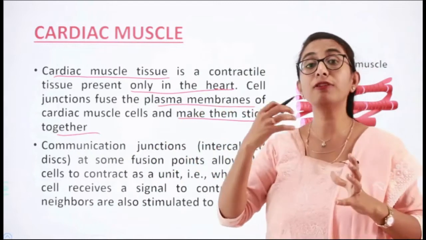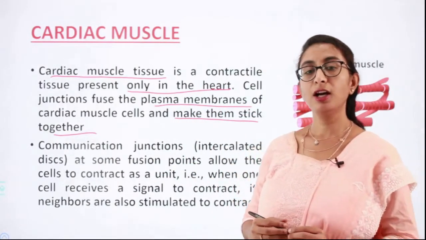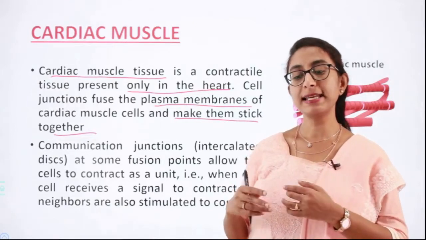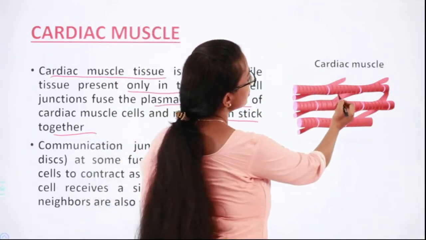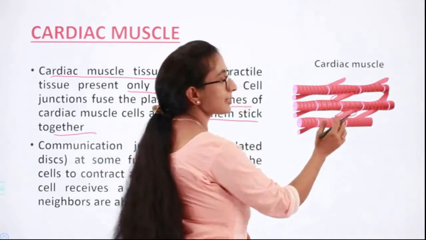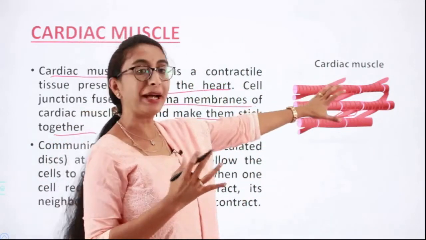The cell junctions fuse the plasma membrane of the cardiac muscle cells and make them stick together. So here you can see in these regions where the muscle cells are sticking to each other, it is the cell junctions which fuse the plasma membrane and bind them together.